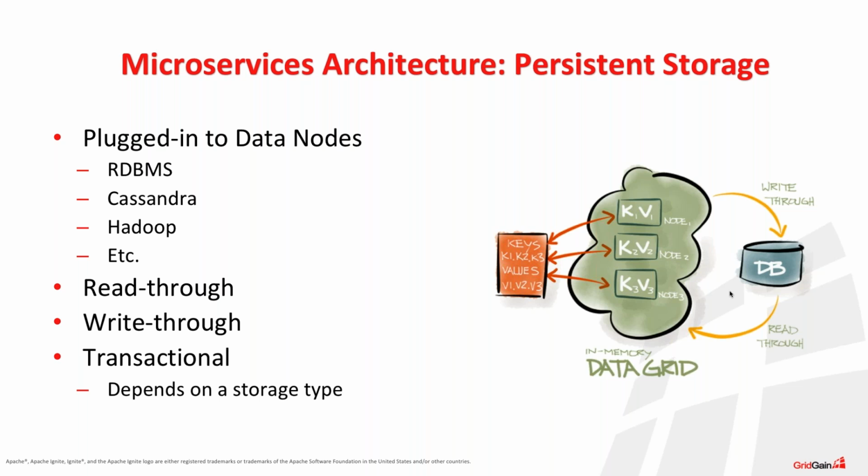It means that if you execute a distributed transaction, then everything will be updated in a transactional fashion, both at the level of your MySQL database and the data grid. But at the same time, if you use Cassandra as a persistent storage, then updates that come to Cassandra will not be transactional, because Cassandra is not a transactional storage.